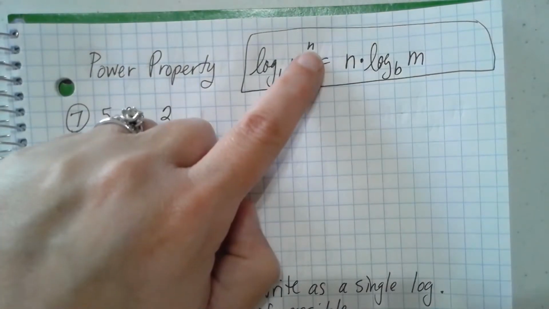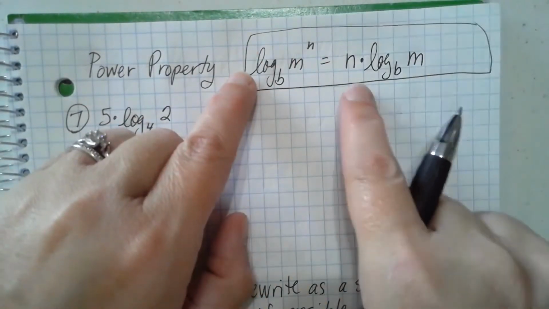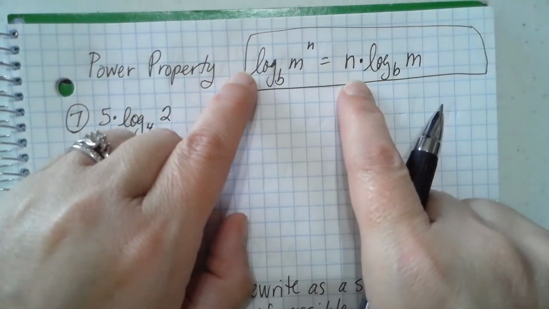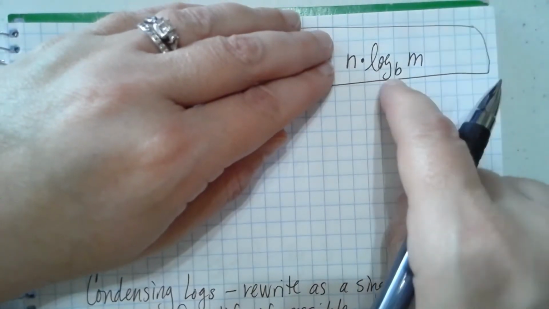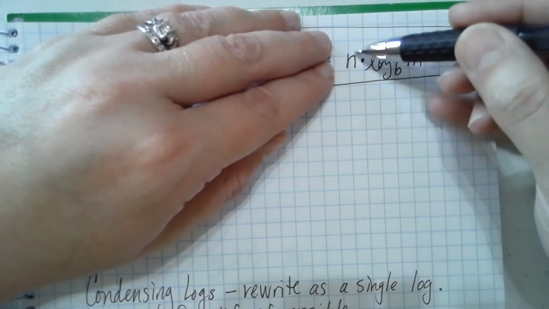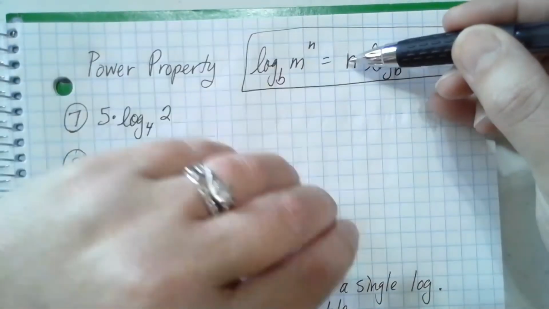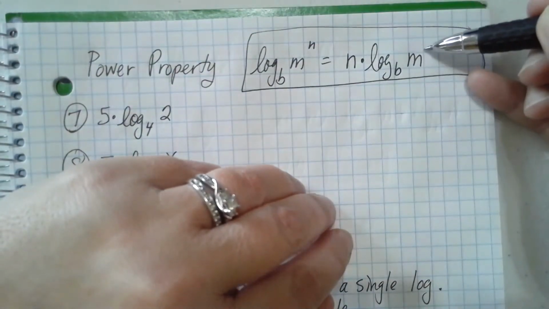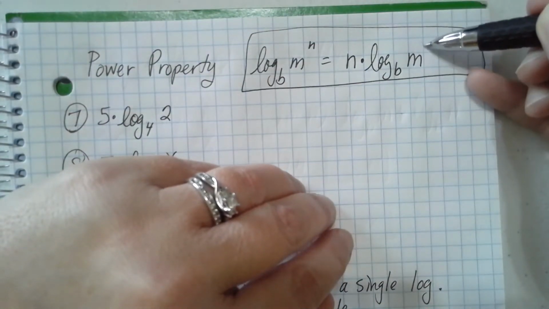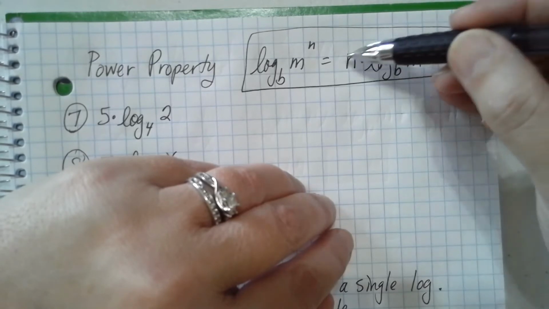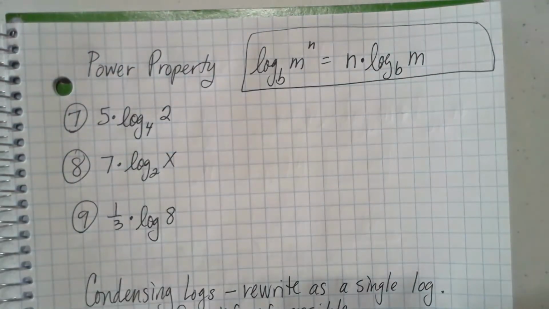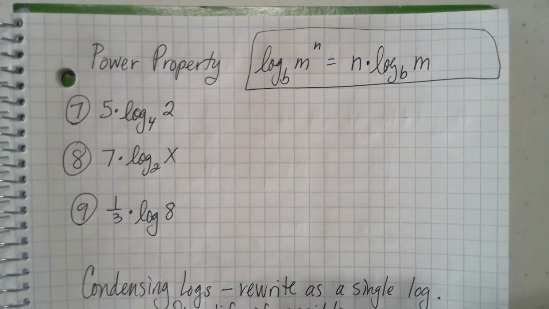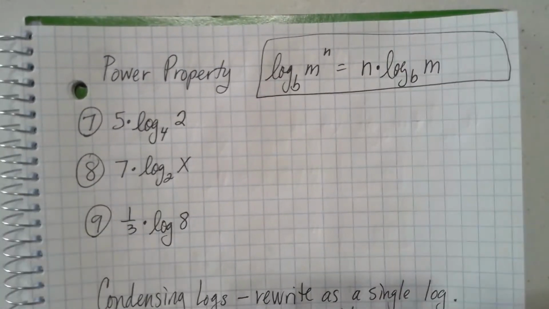So the n comes out to the front as multiplication. Okay, so in reverse, again, we're most likely going to be starting with this. So what we need to know is that this n that's being multiplied out front is going to come over here and make an exponent on whatever value is there. So the n comes in here to become the exponent. Okay, so pause, write these couple down, and then I'll show you how we put them all together.